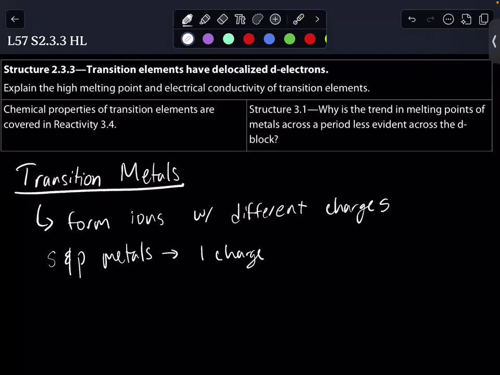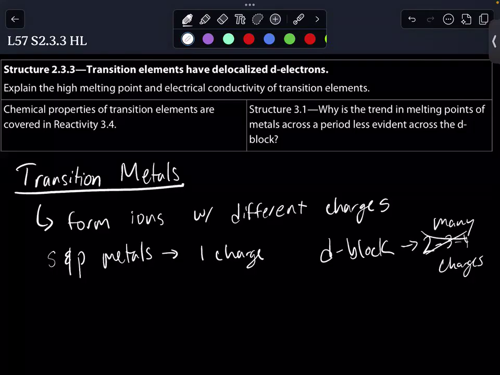Group 1 is +1, group 2 is +2. However, D block metals, which are our transition metals, usually have 2 to 3 to sometimes 4, 5, and 6 charges. So we'll just say many charges.